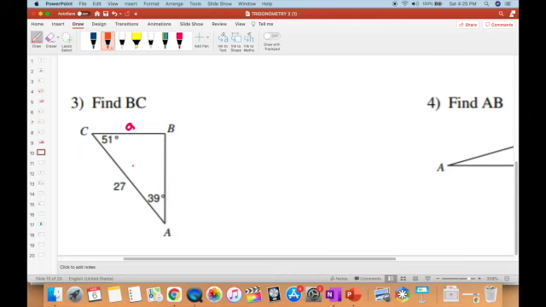Right. Well, what I noticed here is I have two angles. And we know that we could find the third angle, right? So 180 degrees in a triangle minus the 39 plus 51. And what does that give me, Scotia?